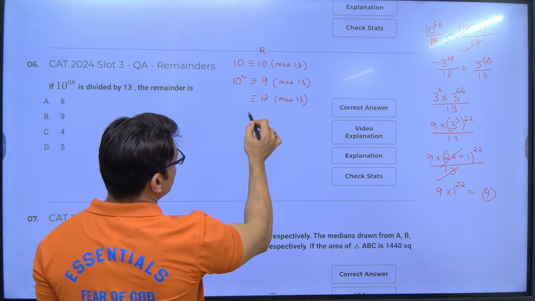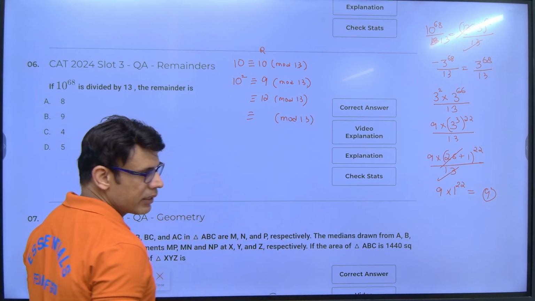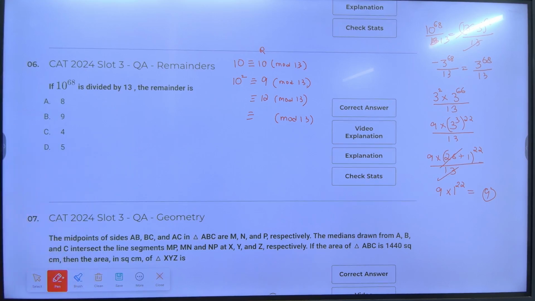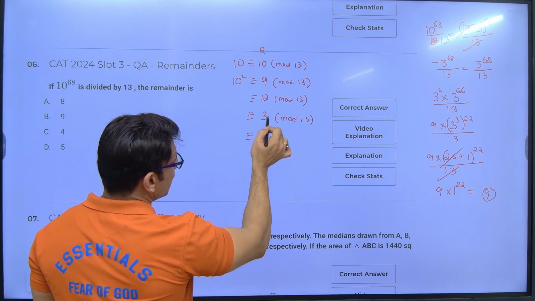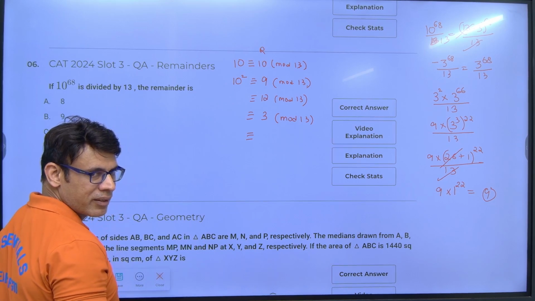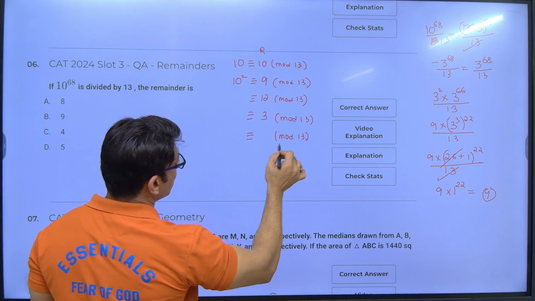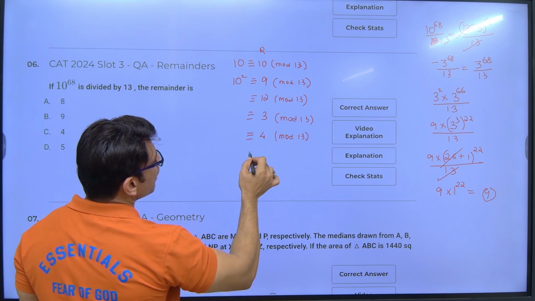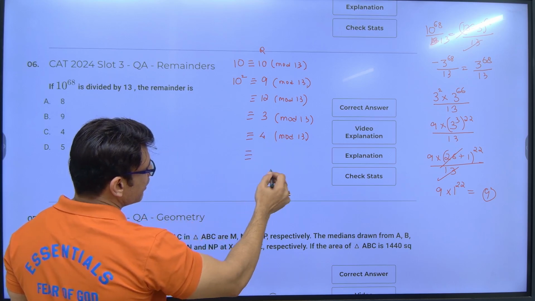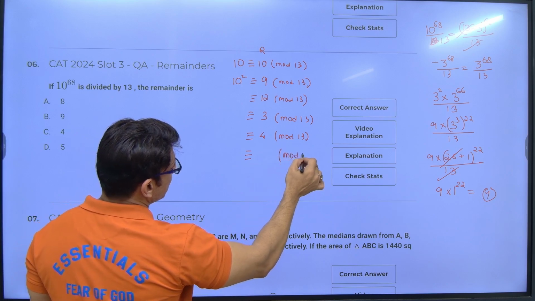Again 12 into 10. 120. 120 divided by 13. 13 9s are 117. Remainder is 3. Again 3 10s are 30 divided by 13. 4, right? And again 4 10s are 40. 40 divided by 13.